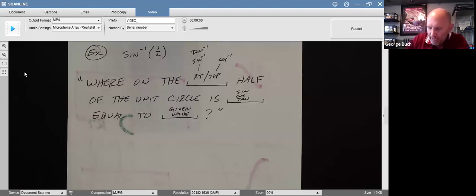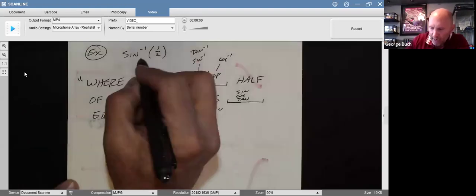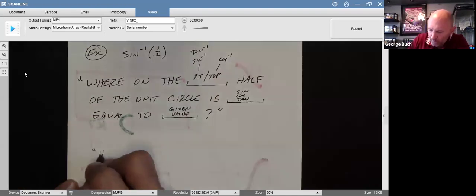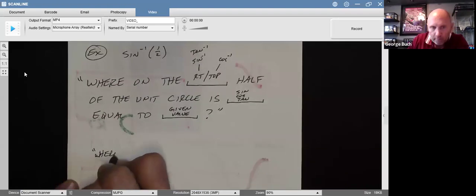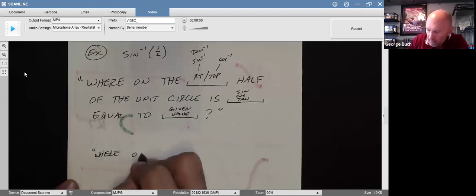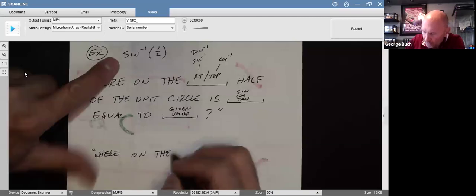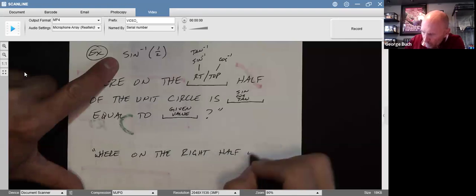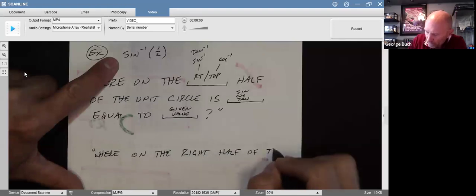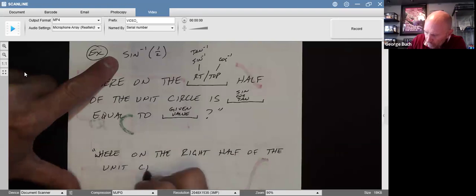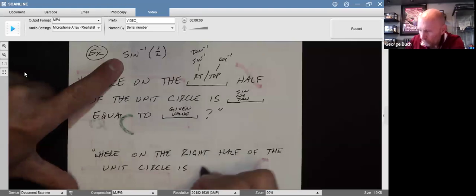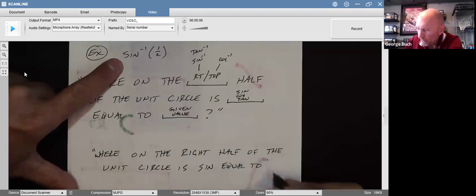So this example I have here, sine inverse of 1/2. What this means as a question is, where on the, and because it's sine, right half of the unit circle is sine, because I was given the sine inverse, equal to, and what value was I given? 1/2.